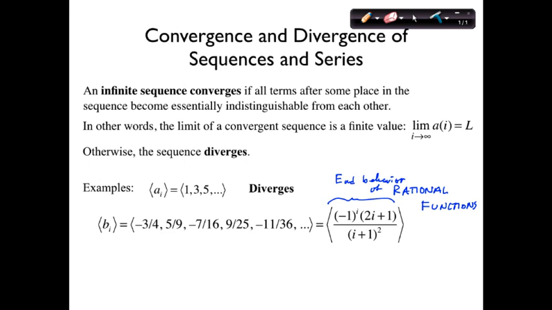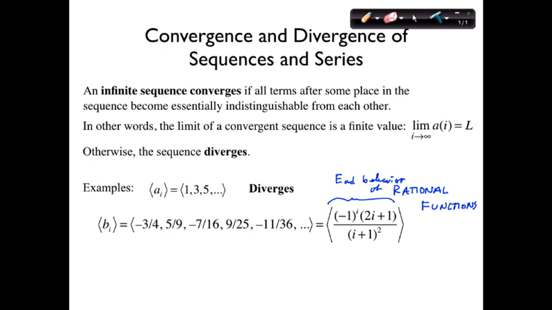And no matter, the bigger and bigger that you make i, the more the denominator squaring it accelerates and makes this thing really small. Okay, so this limit is 0. This converges to 0. So this was the rule you learned in pre-calculus for a rational function. If the degree of the denominator is bigger than the degree of the numerator, it converges to 0, right?